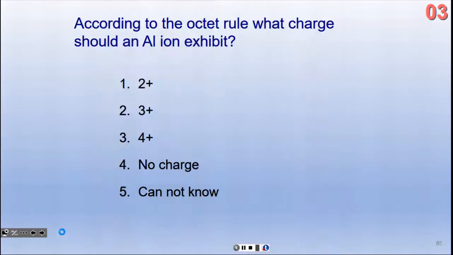Don't miss out. So according to the Octet Rule, what charge would an aluminum ion exhibit? Well, this is a multiple choice question. Think about it. Aluminum is in group 3A, and that means it is a metal. Aluminum is just like you think of it off the roll in the box from the grocery store. And group 3A elements are going to lose 3 electrons to get to a stable noble gas configuration.